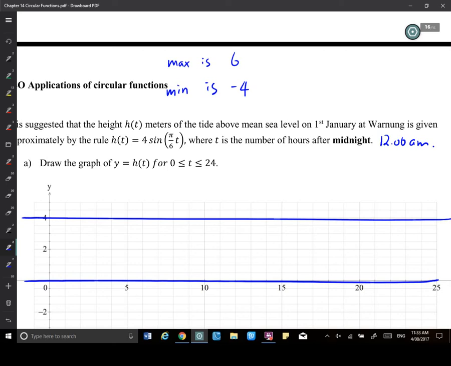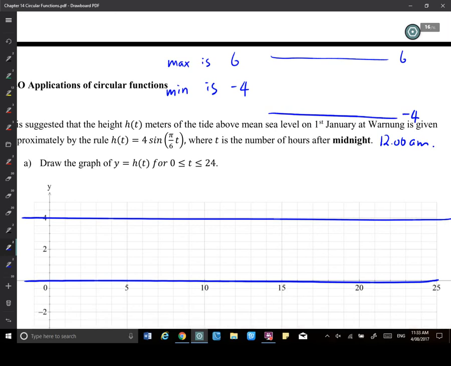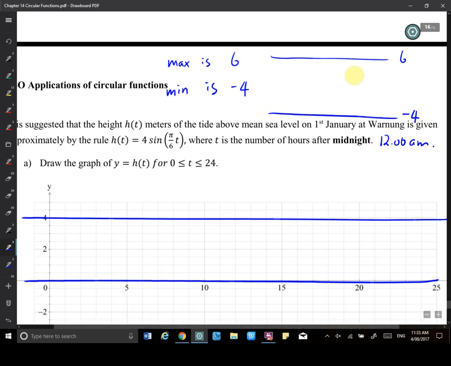And what is the mean line? 1. How do we find that? 6 is here, -4 is here, and I need to find the middle. I add those two and divide by 2, which gives me the middle. So the middle is 2 divided by 2, which is 1.